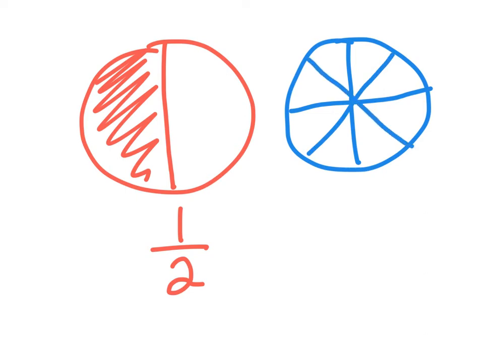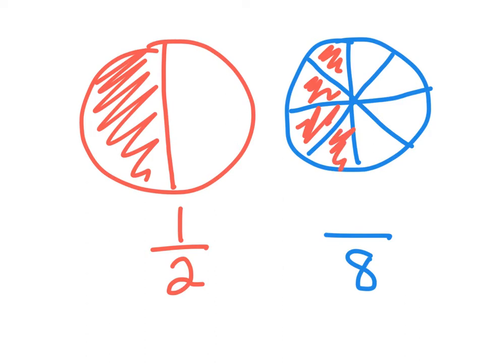Obviously my artistic ability is not fantastic, but you get the idea. It's supposed to show the same exact size pizza, but this time we've cut it into a different number of parts. This pizza has a total of 8 parts. If I want to eat half of this pizza, just like I did on the one on the left, half of the pizza would have to be 4 slices.